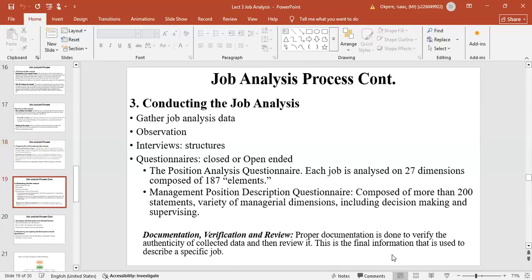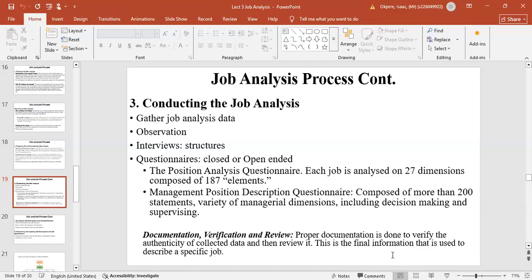Now, let's go to step 3. With step 3, you go into the actual job analysis. You conduct the job analysis.